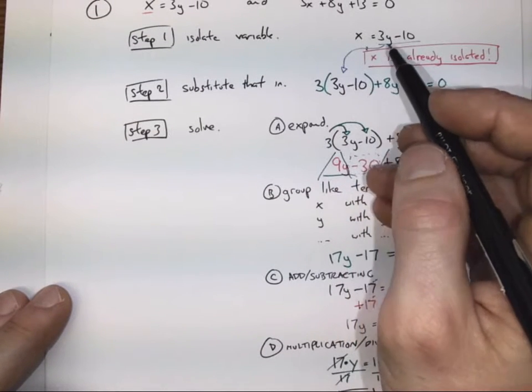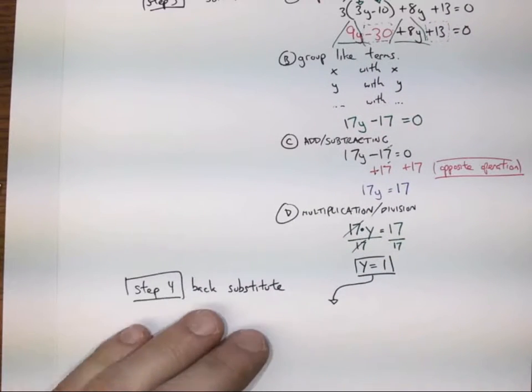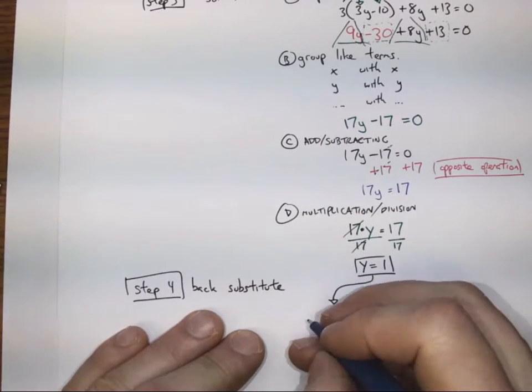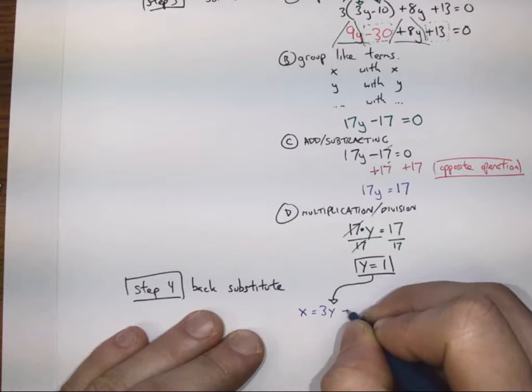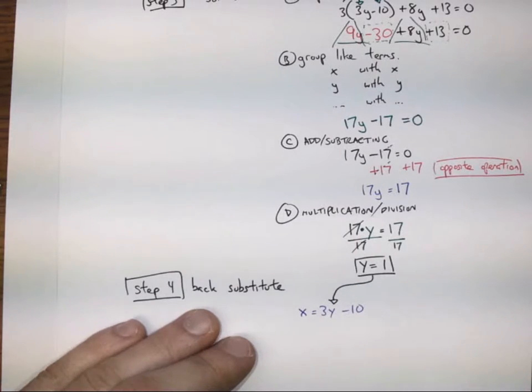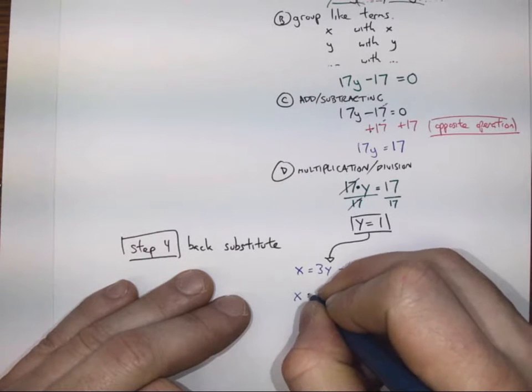So we're going to use the equation from step 1, which is x equals 3y minus 10. So we're going to say, put that in for x is equal to 3y minus 10. And so we're going to replace the y with a 1.